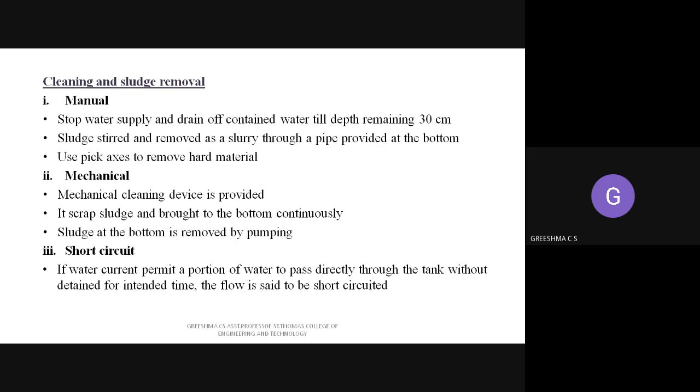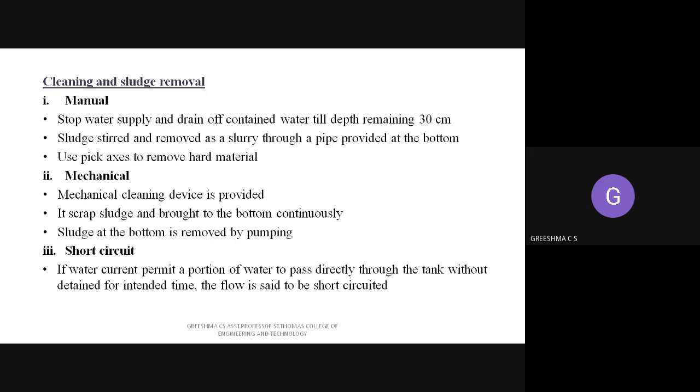Periodically we clean our water tank. First of all we empty all the water, drain it off, then pour some water into it and manually clean it with brooms or something like that. The muddy water is stirred up and drained off. The same procedure is followed here.